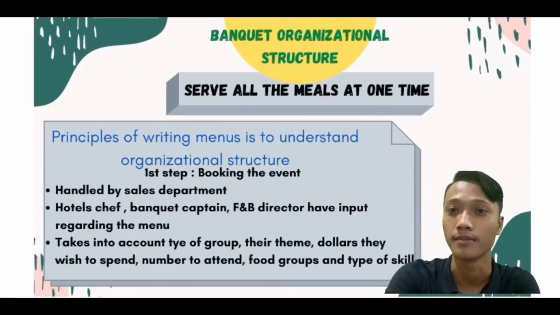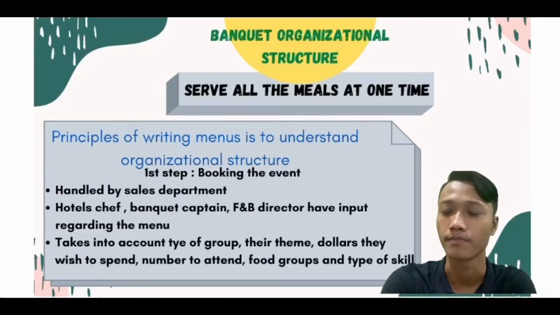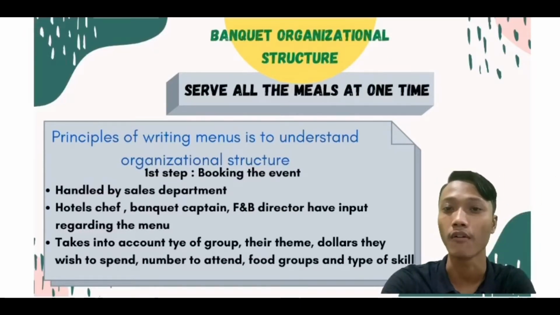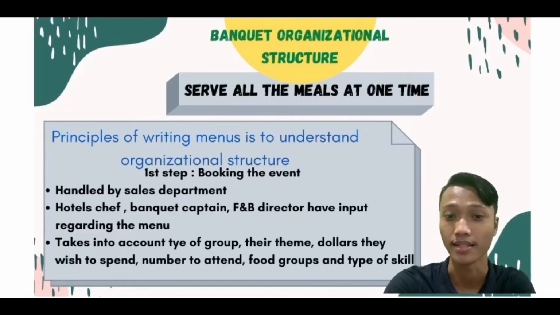Next is the banquet organizational structure. This banquet organizational structure serves all meals at one time. The principle of writing a menu is to understand the organizational structure.